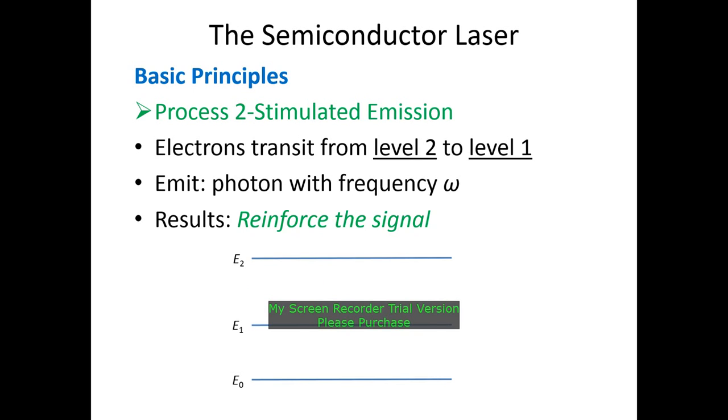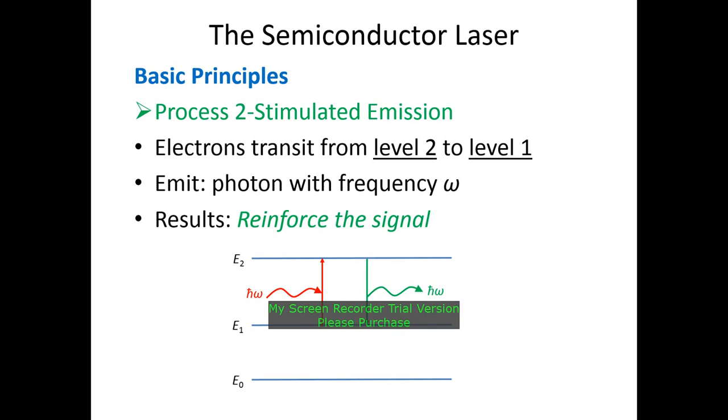But there's another simultaneous process, the stimulated emission. Actually, the signal will not only help electrons transfer from the lower energy level E1 to the higher energy level E2, it also stimulates the electron transfer from the higher energy level E2 to the lower energy level E1. During this process, a photon with frequency omega is emitted.